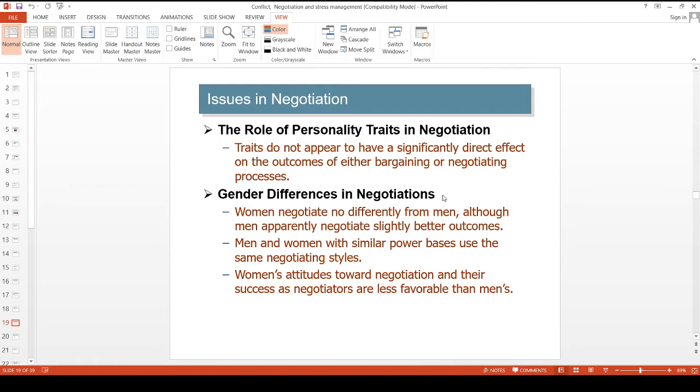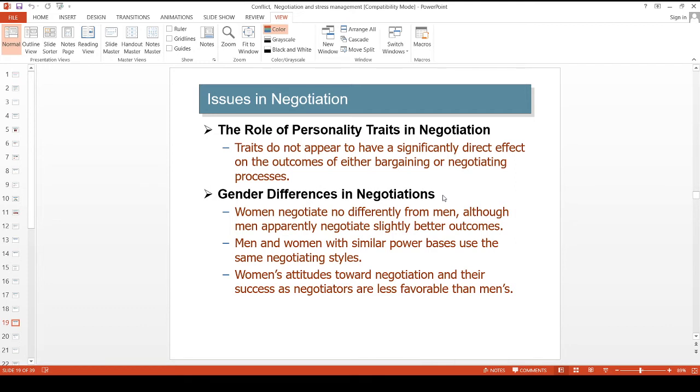The traits do not appear to have a significant direct effect on the outcomes of either the bargaining or negotiating processes. What the research says is that these personality traits do not have a significant direct or indirect effect on the outcomes of either the bargaining or the negotiation process.